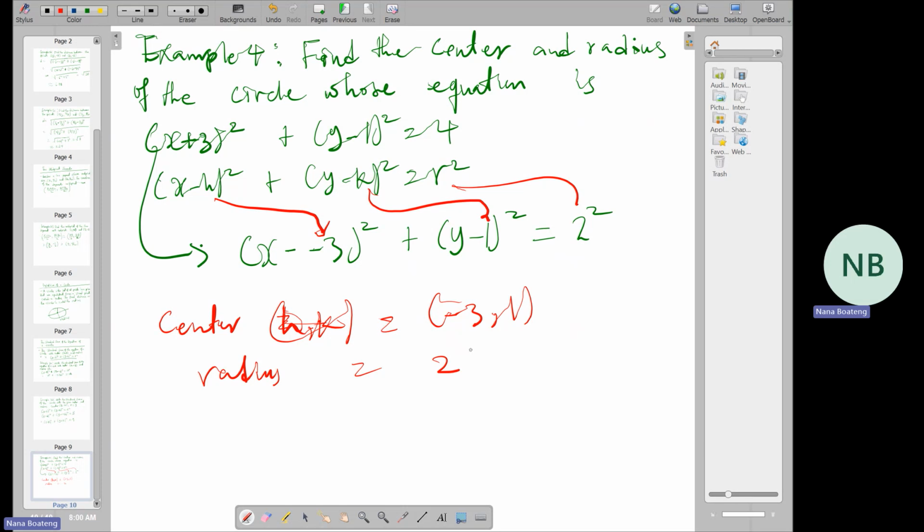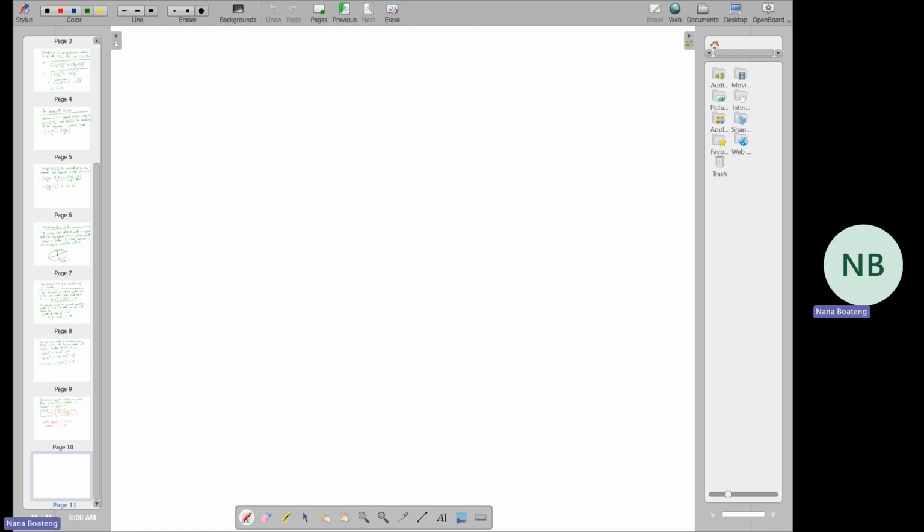The general form of the circle is x squared plus y squared plus bx plus ey plus f is equal to 0. Let's look at another example, this is our example 6.